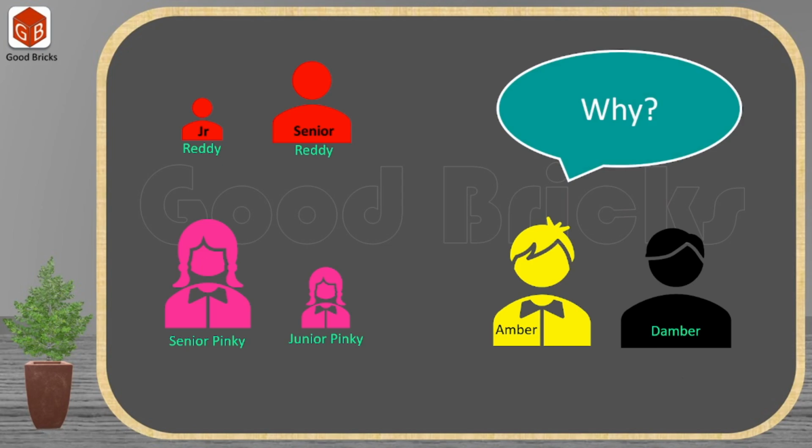Why? Because as of now, we are able to say the images are similar based on the shape, and here amber and amber do not have the same shape, but if you look at reddy and pinky, they have the same shape. So with the help of shape, till now we identified which are similar and which are not similar.